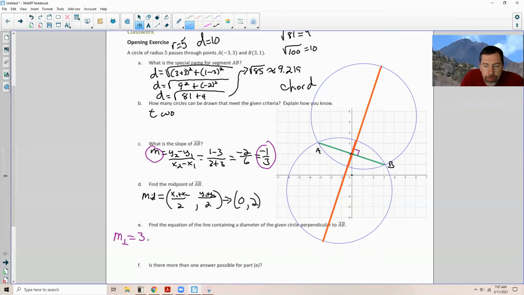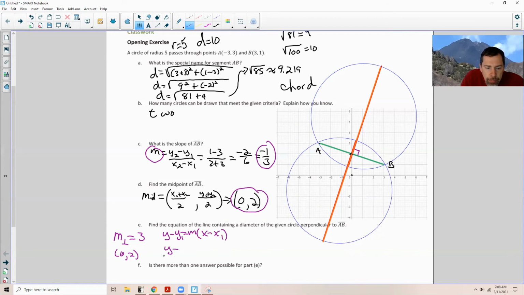So we have the slope of 3, and we know the midpoint, and we know two endpoints. It says, find the equation of the line containing a diameter of the given circle perpendicular to AB. So I want to go through the midpoint, which is the point (0, 2). So when you have a slope and a point, you use the point-slope formula: y minus y1 equals the slope times the quantity x minus x1.